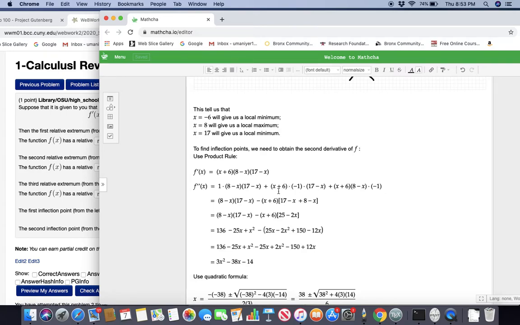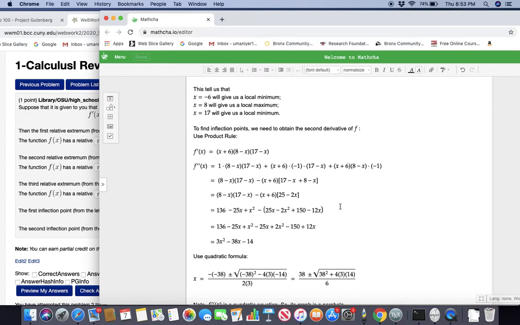Notice x plus 6 and a -1 are common in both these terms. So that's why I have a negative and an x plus 6 outside. Whatever is left in this particular term, 17 minus x is left, and in this particular term 8 minus x is left.